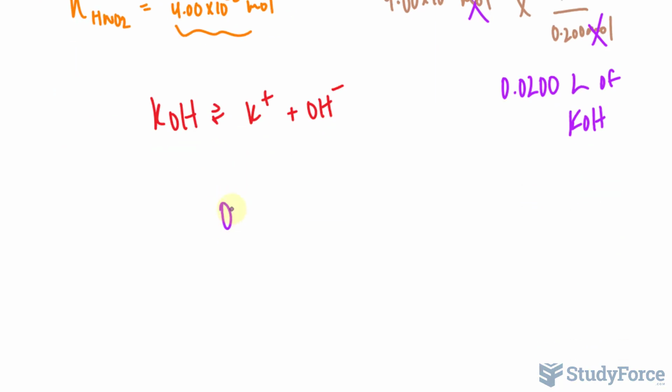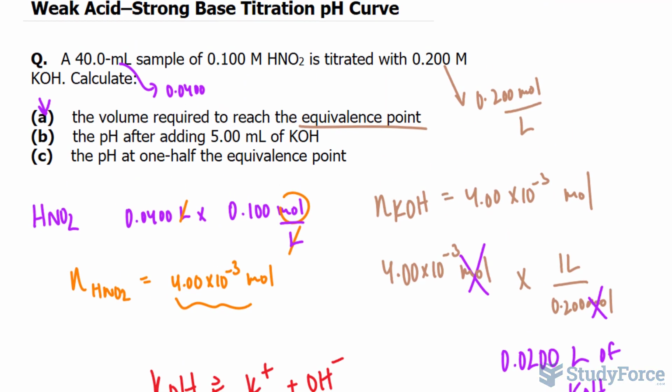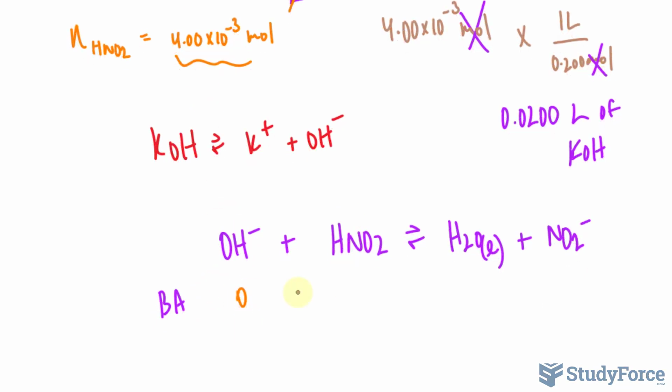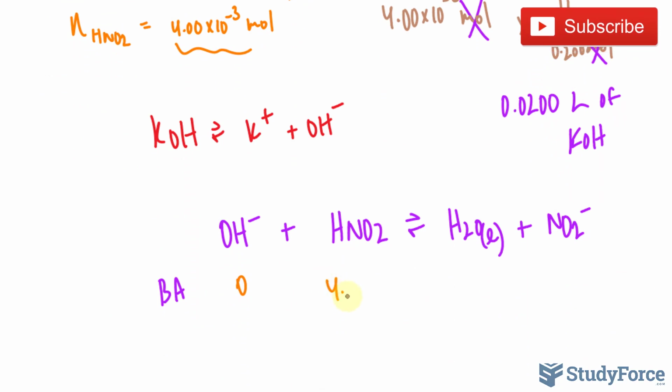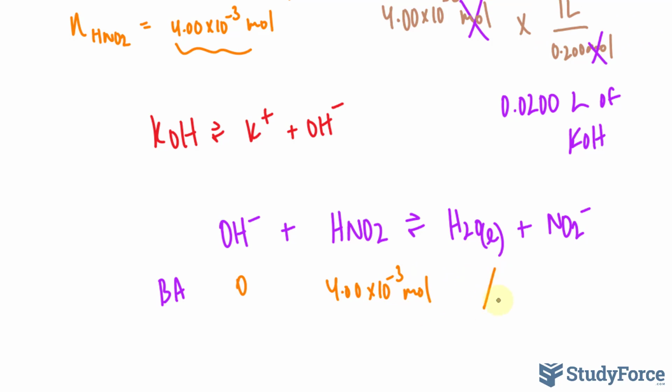We can write down OH minus plus this weak acid, which doesn't dissociate, HNO2, forms water plus NO2 minus. Before the addition, we have none of this, plus the amount of moles of HNO2, which we calculated to be right here. Let's rewrite that. 4.00 times 10 to the power of -3, and that's moles. We'll ignore this because it's a liquid, and none of that.